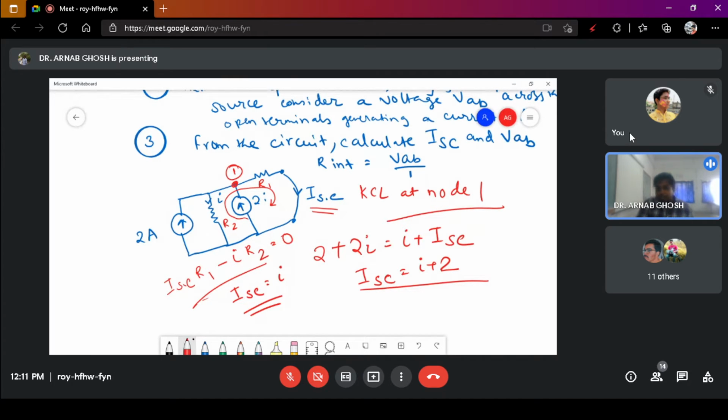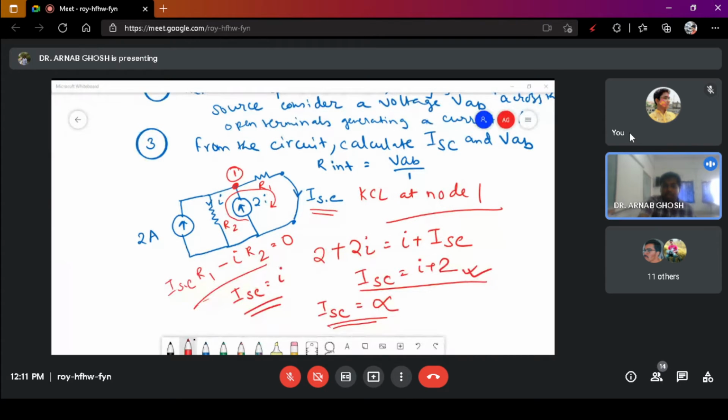If you put this value here, the value of ISC will become equal to infinity, then only this equation can hold true. If R1 is equal to R2, the short circuit current becomes equal to infinity.